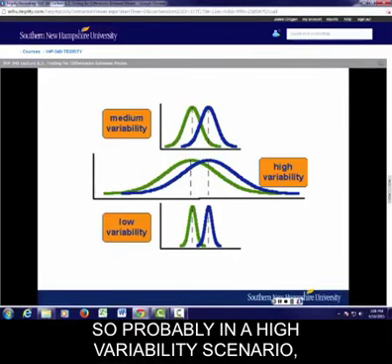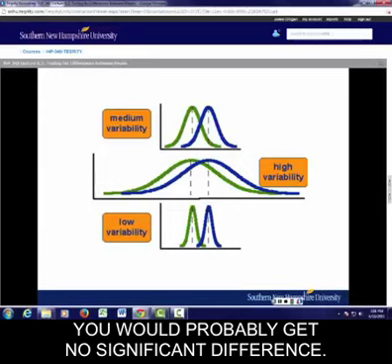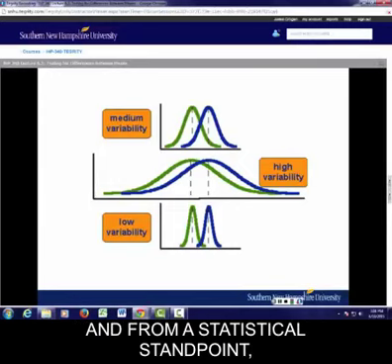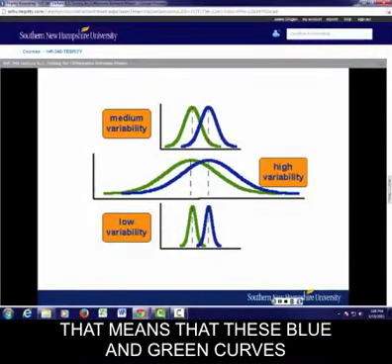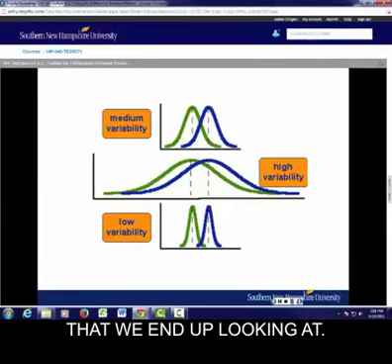So probably in the high variability scenario, if you did a t-test just based on that picture, you would probably get no significant difference. And from a statistical standpoint, that means that these blue and green curves are essentially the same, statistically speaking. And you'll see that in some of the articles that we end up looking at.